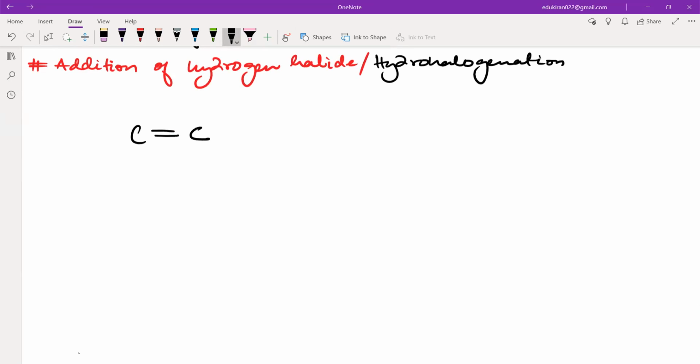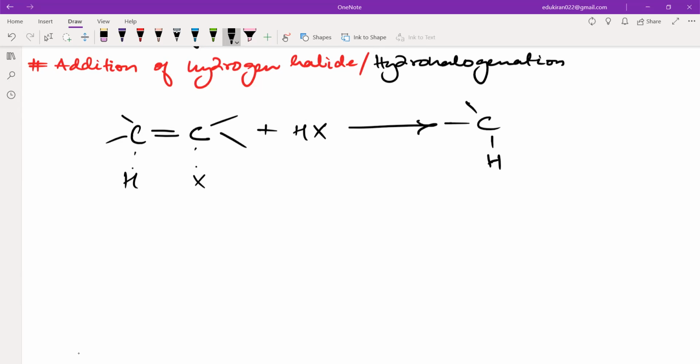You have C double bond C, which will have some bonds, plus you have HX. So what is going to happen? One of the carbons will get hydrogen, the other will get halogen. This carbon is getting hydrogen, and this is getting halogen.